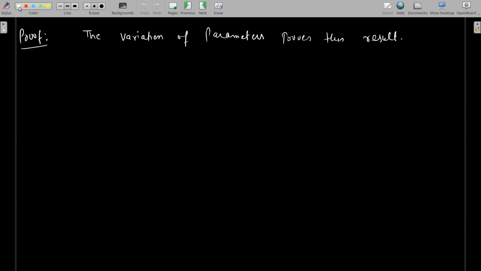So what I am doing to solve this equation, so firstly let y1 be the solution of this equation.